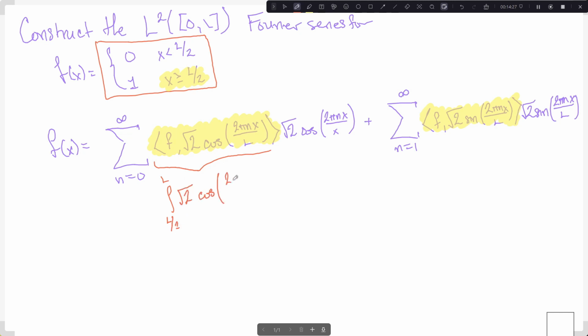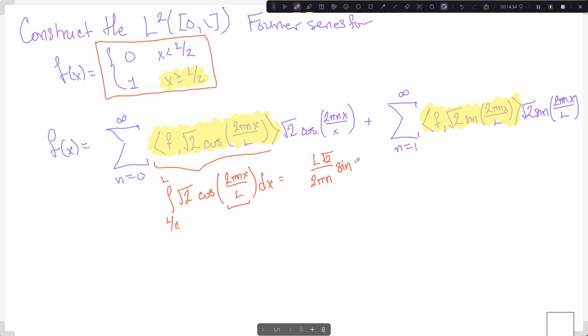cosine 2 pi n x over L dx, and I can compute this integral just by u substitution on that term. I'm going to recover L root 2 over 2 pi n cosine, sorry, not cosine, it's going to be sine.